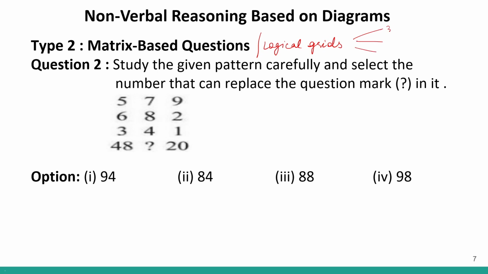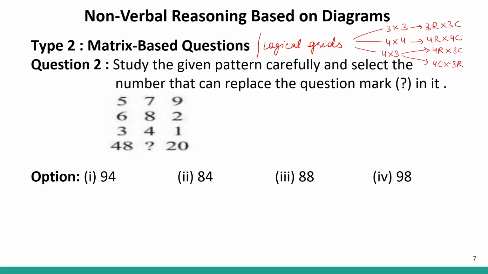Either you can get a 3 into 3 grid, or you can get a 4 into 4 grid, or you get a 4 into 3 grid. 3 into 3 grid means 3 rows and 3 columns. 4 into 4 means 4 rows and 4 columns. Okay. And 4 into 3 again can be of two types. Either there will be 4 rows and 3 columns, or there will be 4 columns and 3 rows.